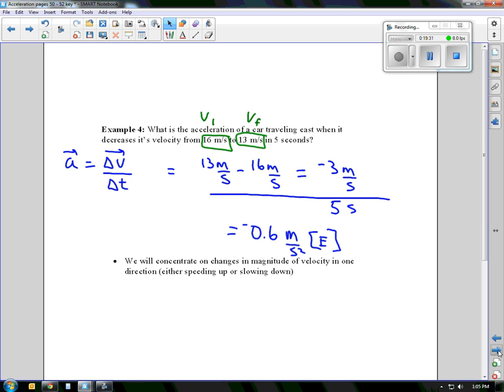So again, your velocity final was 13 meters a second. Your velocity initial was 16 meters a second. They're both positive directions, so we just write those as 13 meters a second minus 16 meters a second equals negative 3 meters a second divided by 5 seconds, and our answer is negative 0.6 meters per second east.